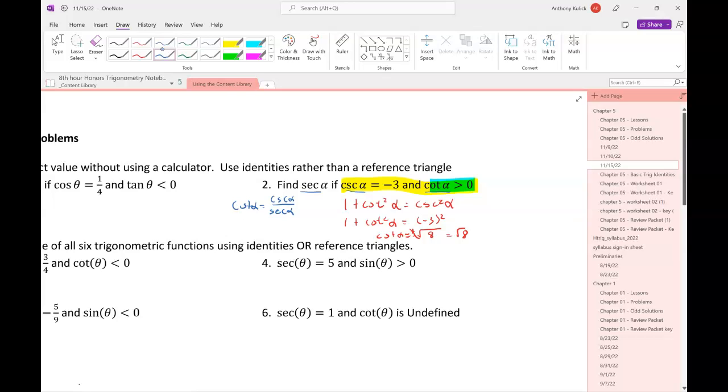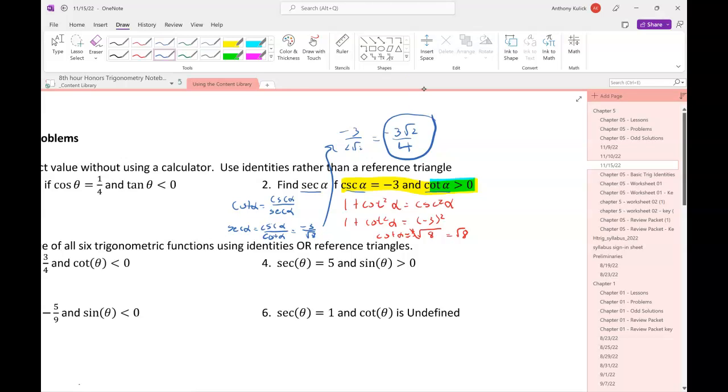So if I multiply both sides by secant and then divide by cotangent, I have -3 over the square root of 8. Or if I want to rationalize my denominators, that becomes -3 over 2 root 2 or -3 root 2 over 4. That's probably the way it's represented in the back.